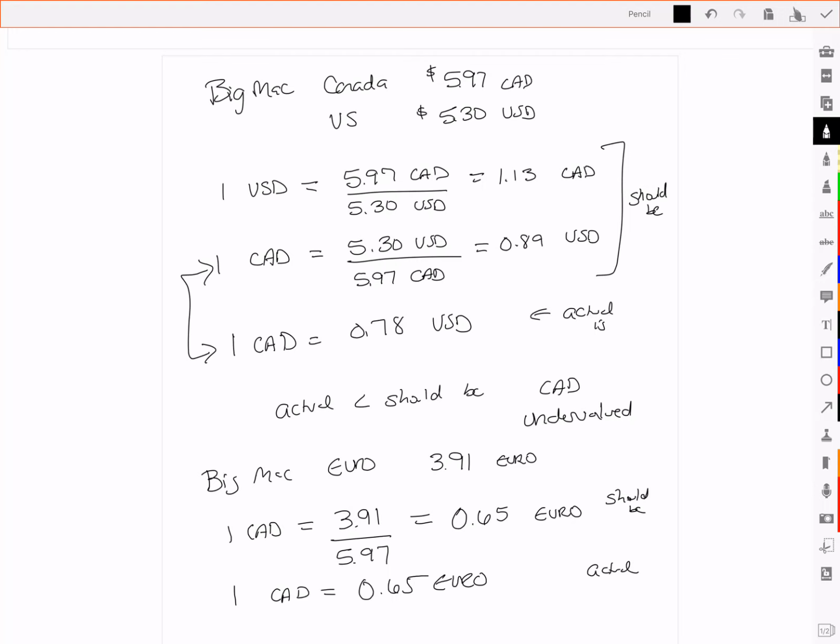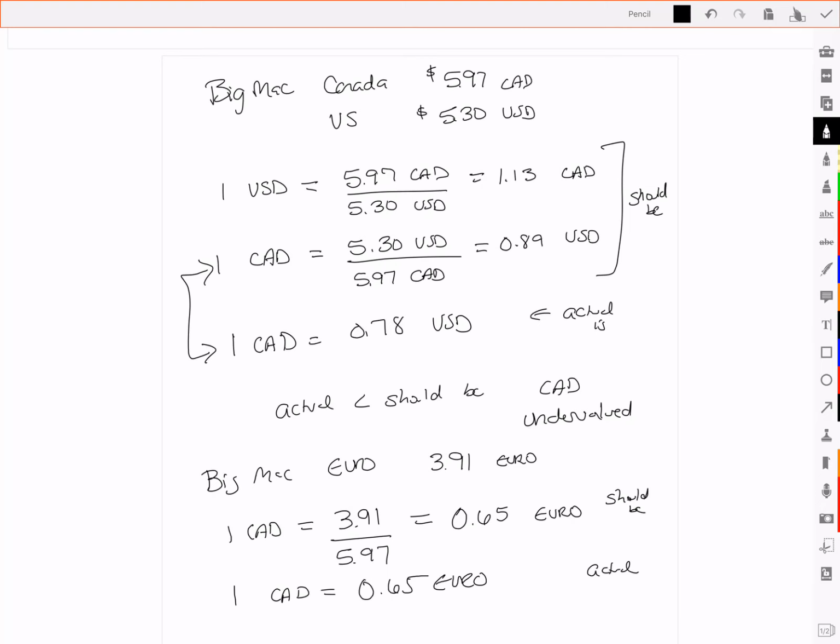They're in alignment. When they're not in alignment, when what it actually is and what it should be don't match, then your currency is either under or overvalued, and the market will try to fix that, will try to adjust it. And that means your currency will be changing. Once what it should be and what it actually is match, then you're at that purchasing power parity.